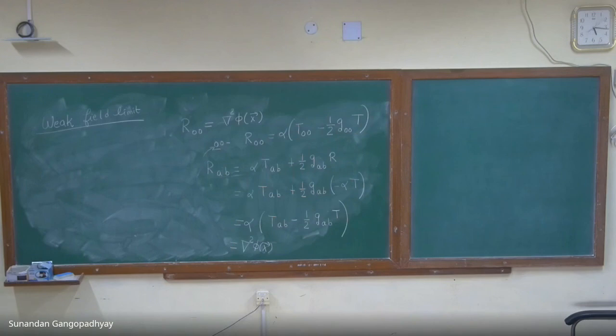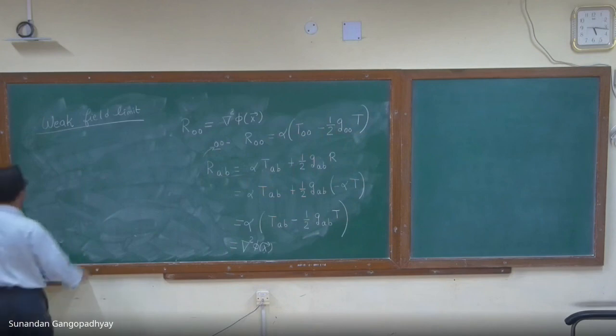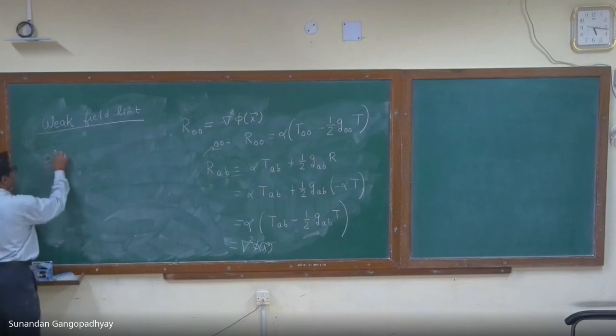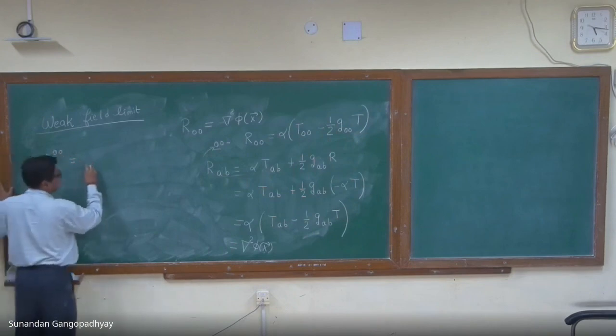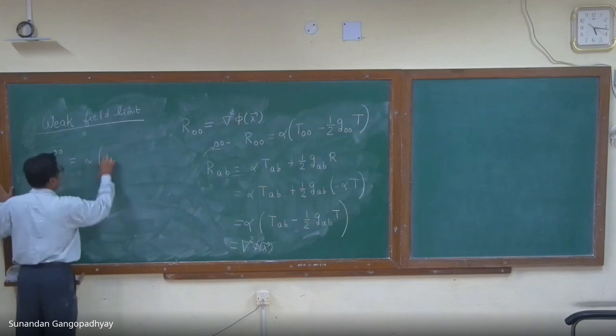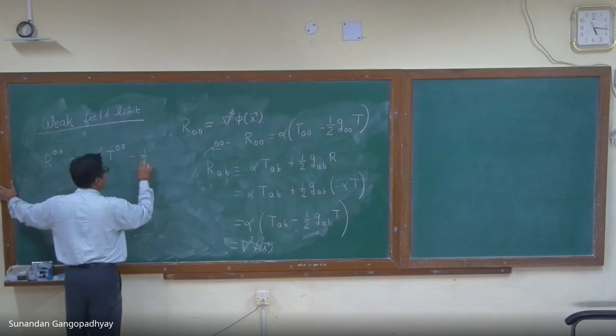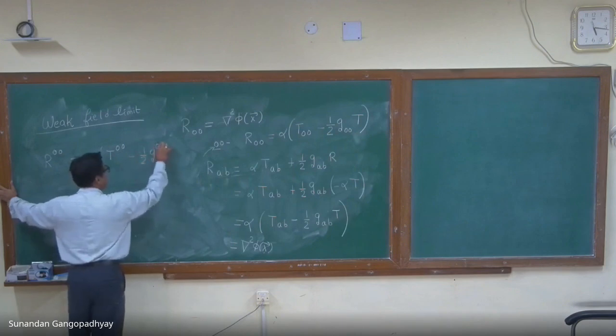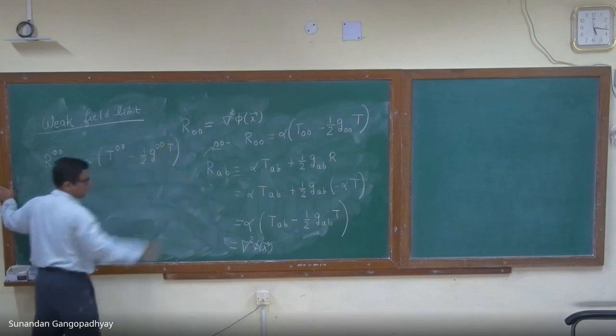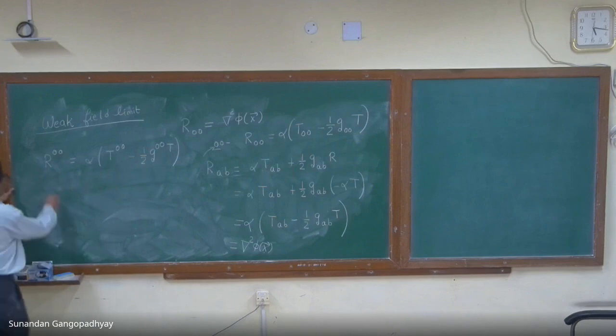And do it another way also. Because you can write R00 as alpha T00 minus half G00. Let's take all the indices upstairs, but this is approximately down.